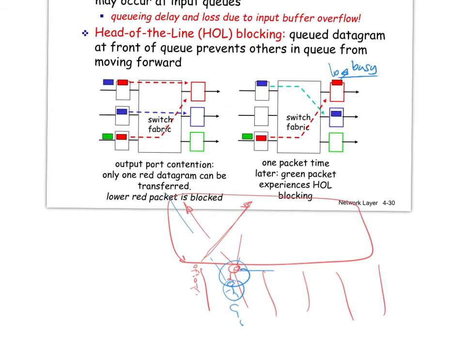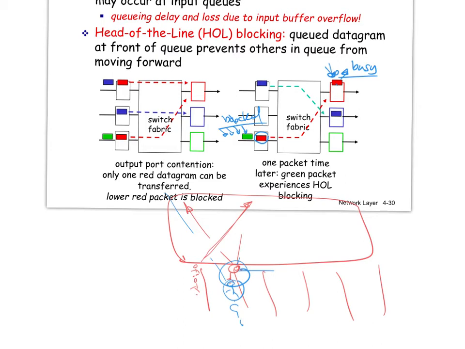This output port has a queue, but I have to switch one packet at a time. If we finish switching this packet, we'll go to the second one. But while we are switching this packet to that output port, I cannot perform any other switching to that output port until I finish this one. So this one will have to wait, and by waiting, all the packets behind it are blocked.